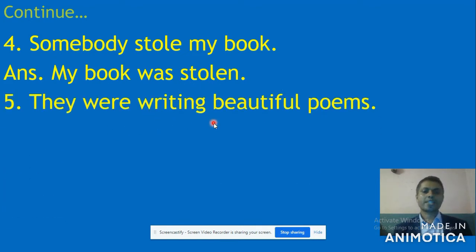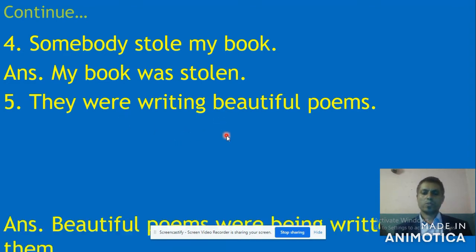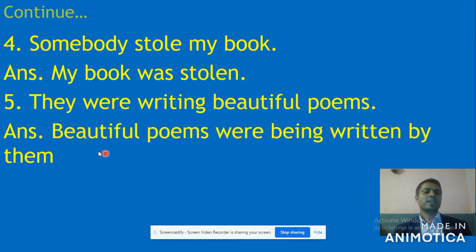They were writing beautiful poems. Now look here, you have to identify its type, its category. Obviously, were writing is the continuous category, past continuous. So we have to use the object, beautiful poems, as the new subject here.